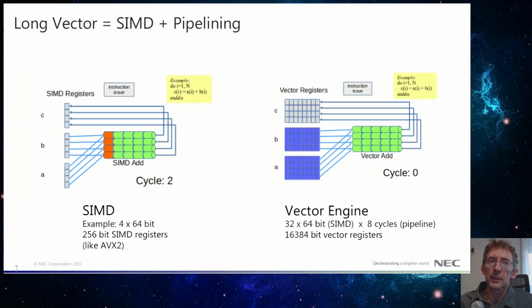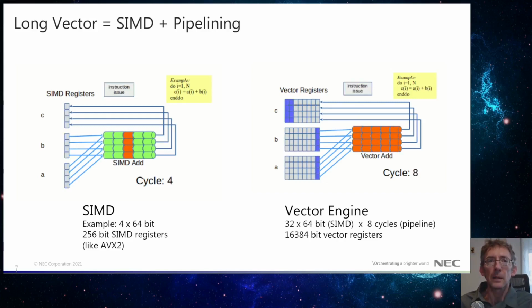A vector register, a long vector register, looks different. It has a certain SIMD width, but the register has also a depth in cycles. So for the vector engine, the SIMD width is 32 times 64 bits, so 2048 bits, somewhat similar to what an SM in an NVIDIA GPU is.